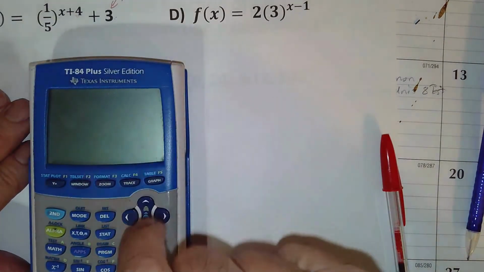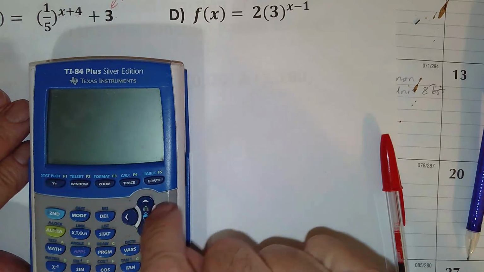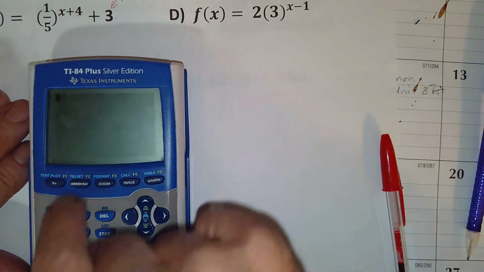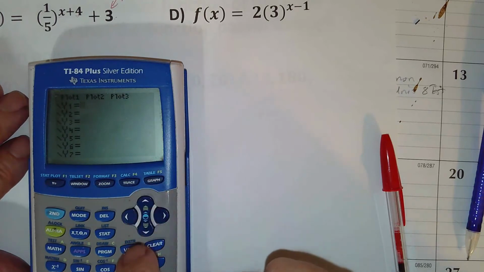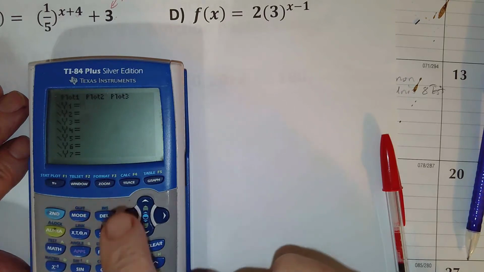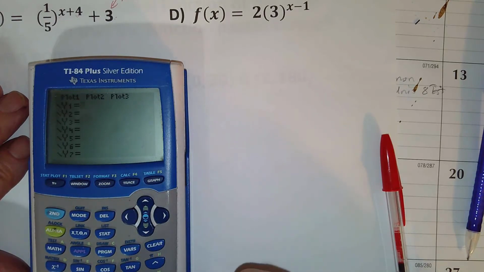So I'm going to use my y equals button here. Let me turn it on. Let's clear this. Go to y equals, and so I'm going to put f of x equals, parentheses 1 divided by 5 in parentheses, caret x plus 4.